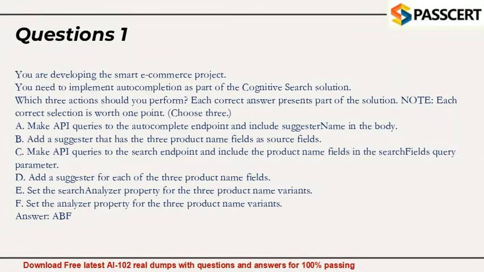D. Add a suggester for each of the 3 product name fields. E. Set the search analyzer property for the 3 product name variants. F. Set the analyzer property for the 3 product name variants. Answer: ABF.